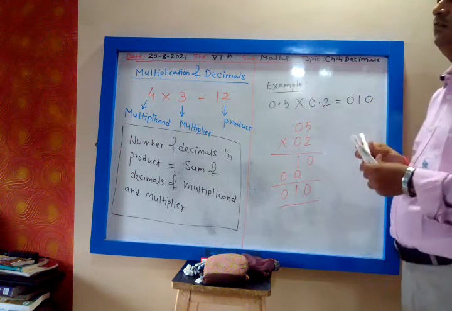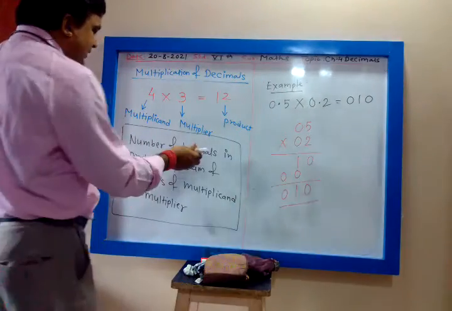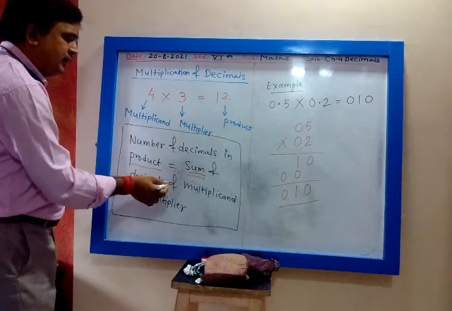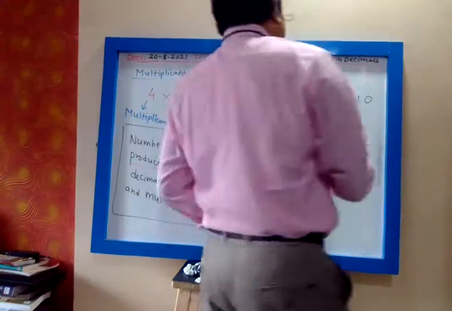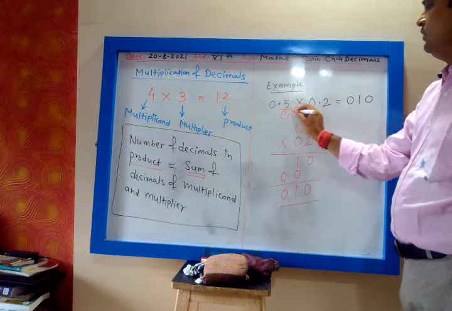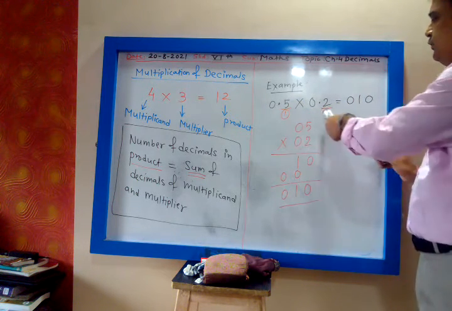Wait, my dear. See here. The number of decimal places in the product is equal to the sum of decimal places of the multiplicand and the multiplier. How many decimals are there in the multiplicand? 1. How many in the multiplier? 1. 1 plus 1 is 2.